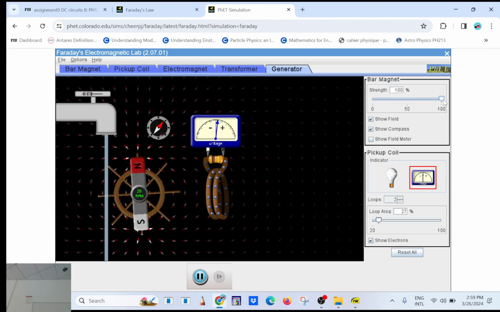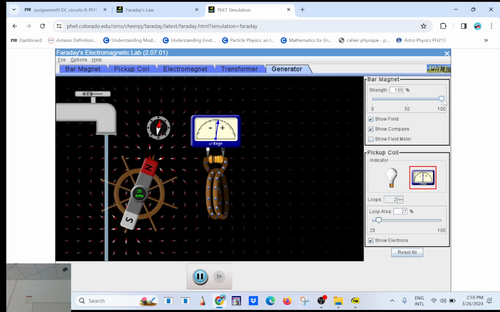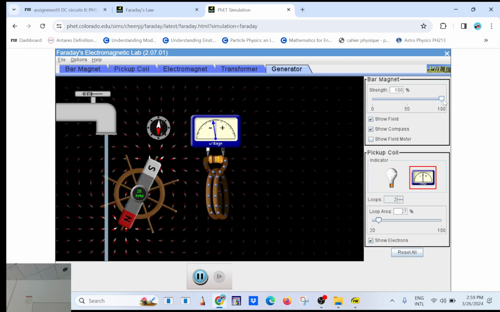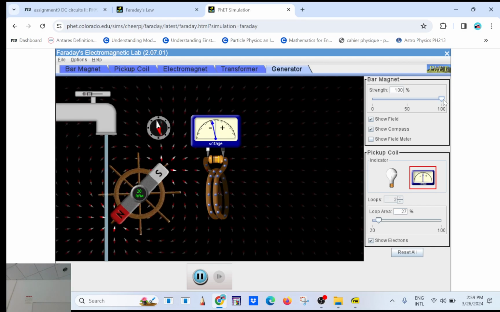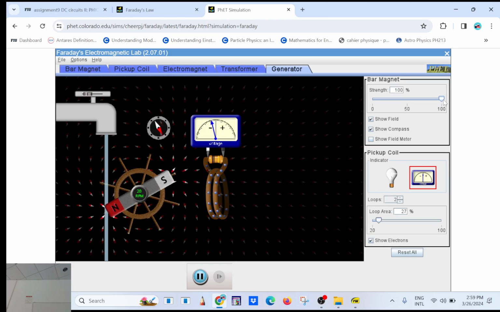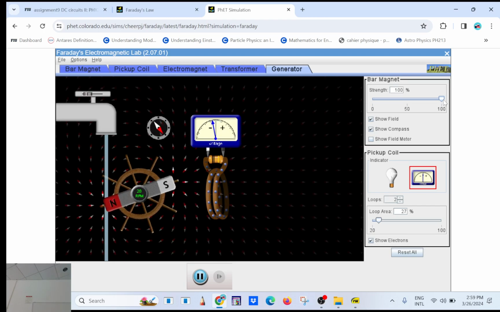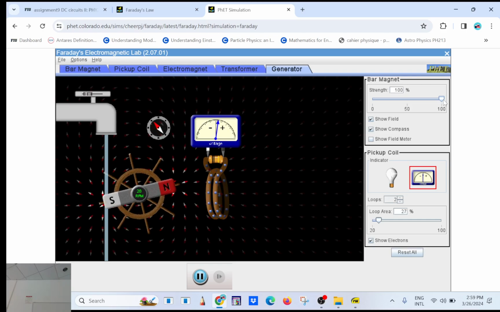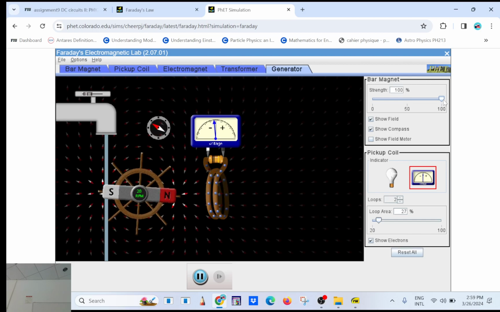I'm going to take a different voltmeter, this one. So what do you expect? Is it going to be a DC voltage or an AC voltage? AC, very good.